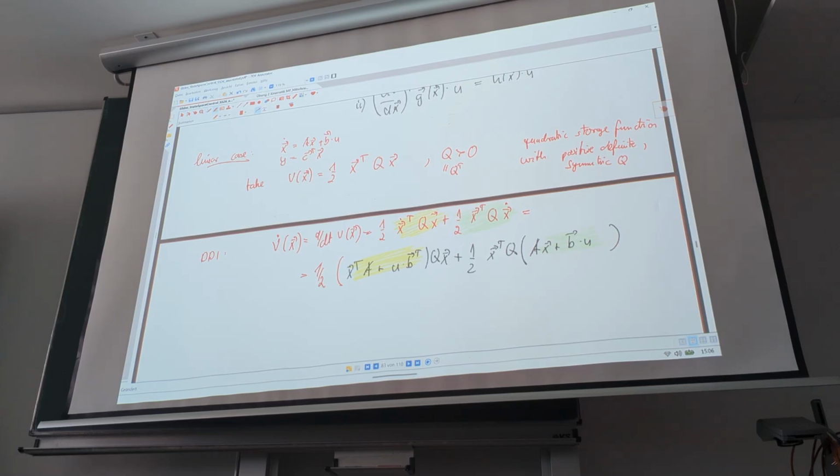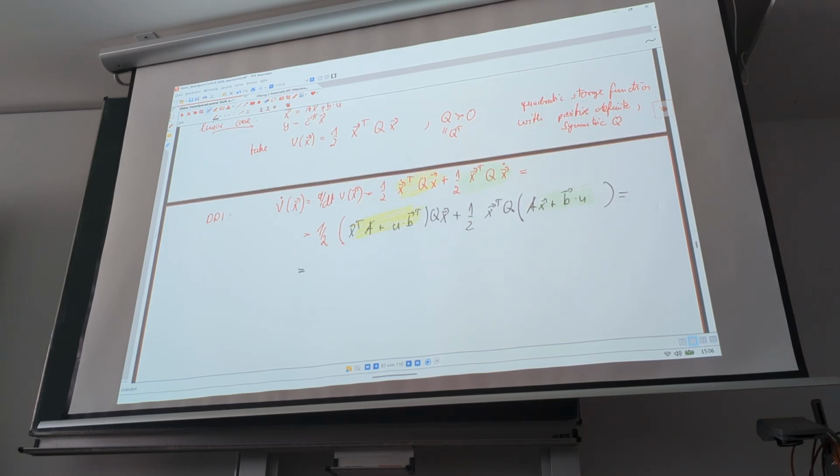And now I can collect that. So what we basically get is x transpose, x, and I have some term which is basically a u x or x transpose u, but in general this would be what we get.